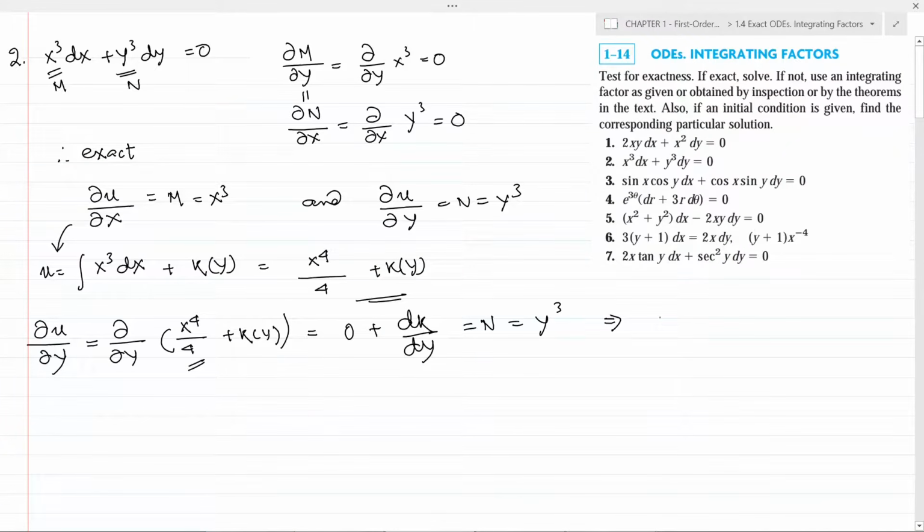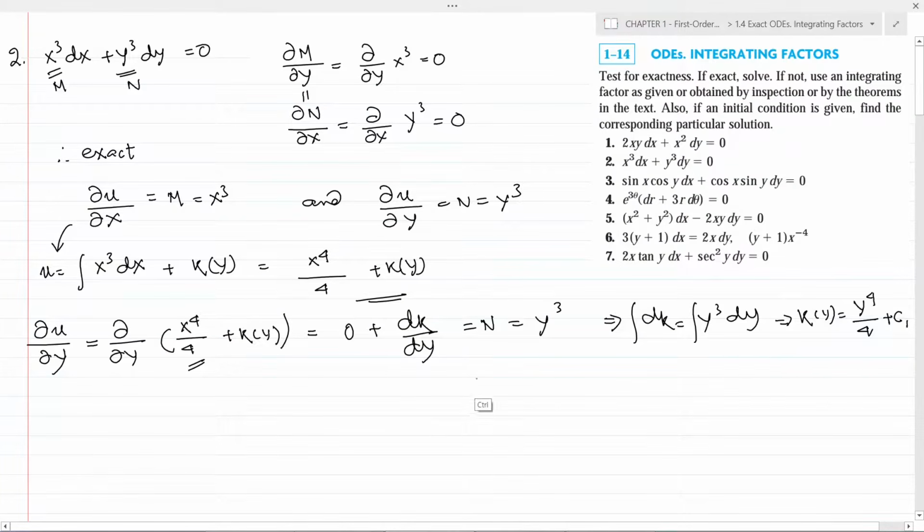So from this we can write dk equal to y cube dy, integrate both sides, and we obtain k of y equal to y to the power 4 by 4 plus a constant of integration. Let us assume C1. Now we take this k of y and put it in this equation.